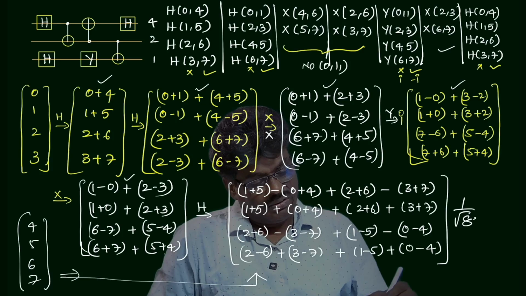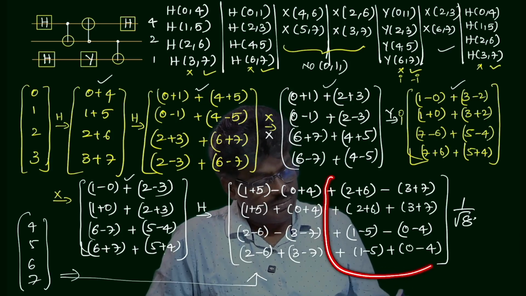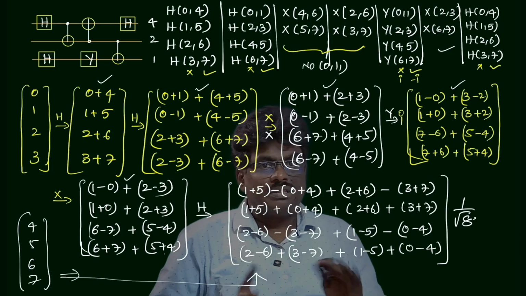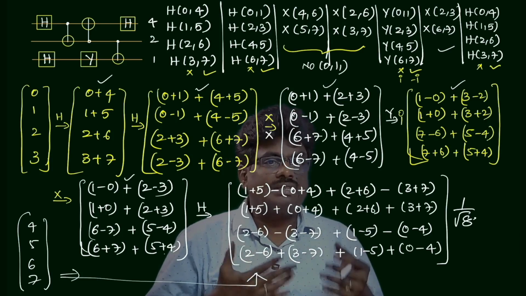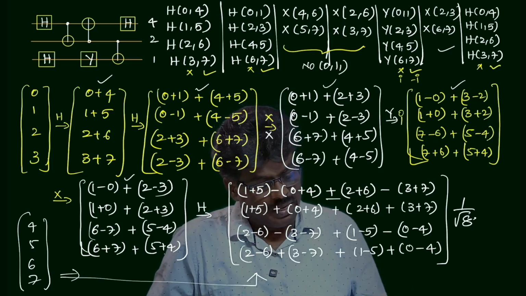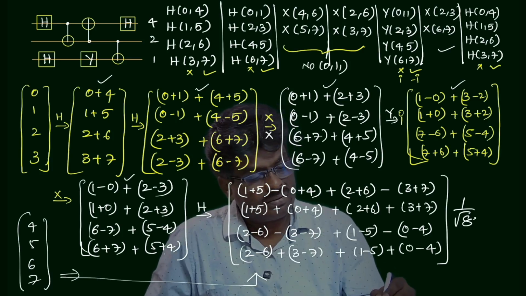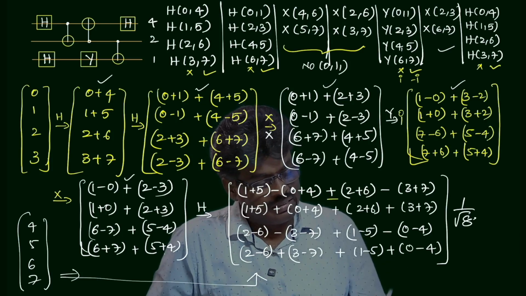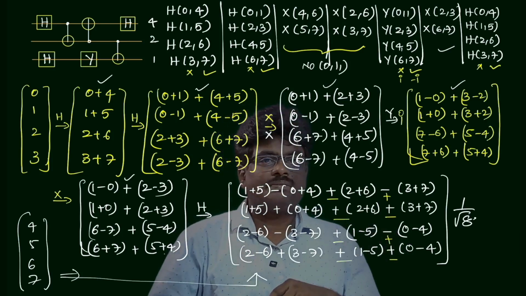So this part, just take, if plus is there take minus, if minus is there take plus. So here you will get minus, sorry, so here you will get minus, and this is plus, minus, minus, minus, plus, minus, minus.